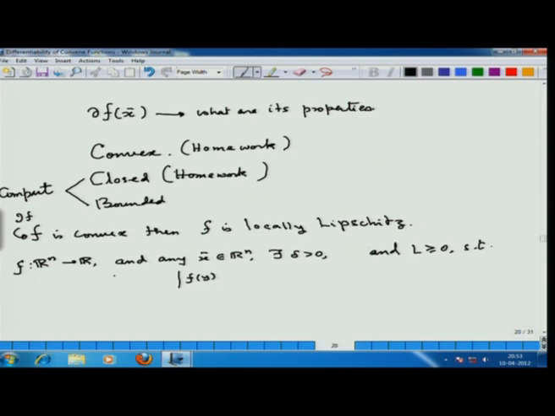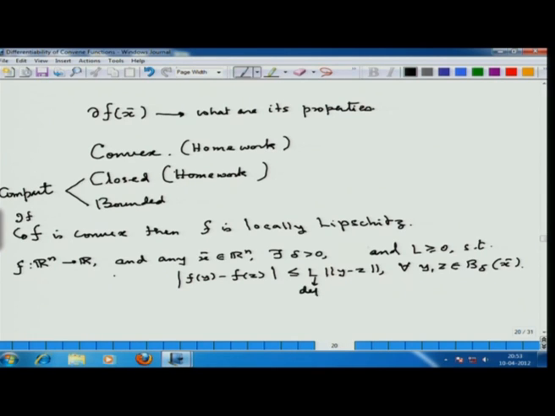|f(y) − f(z)| is less than or equal to L times the norm of y − z, for all y and z belonging to this neighborhood. This L is highly dependent on your choice of x bar.